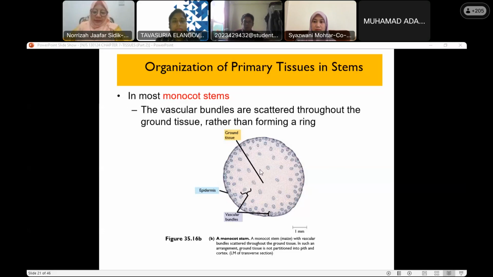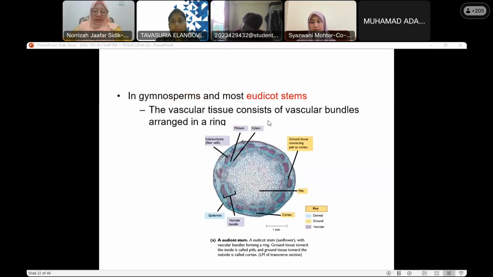You can see here the vascular bundle, whereas in the dicots, eudicots stem, the vascular tissues consist of vascular bundles arranged in a ring.